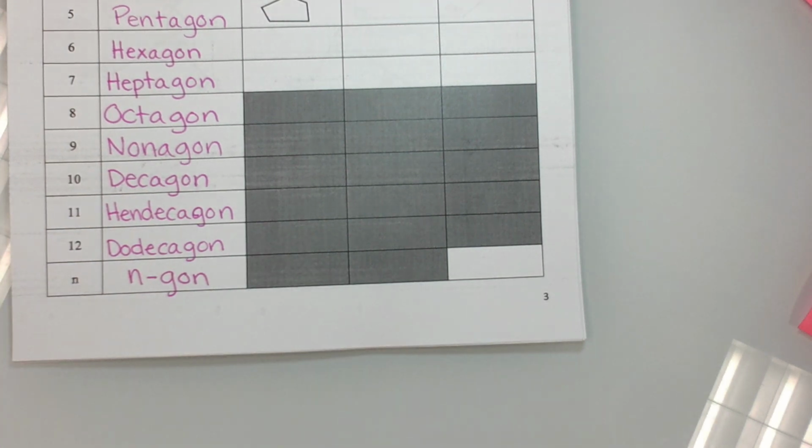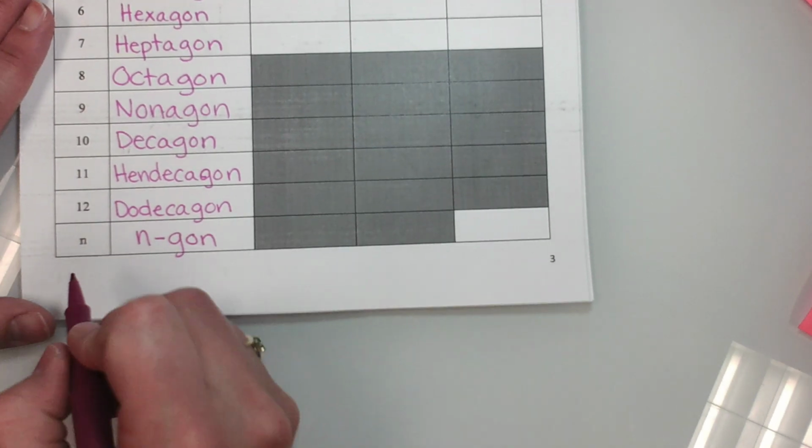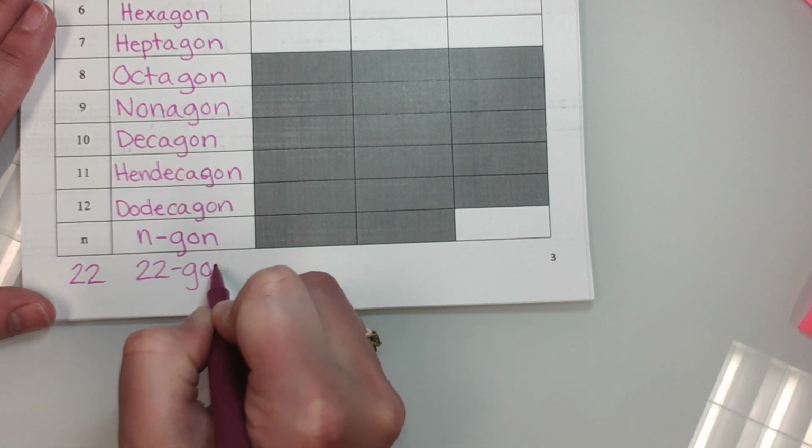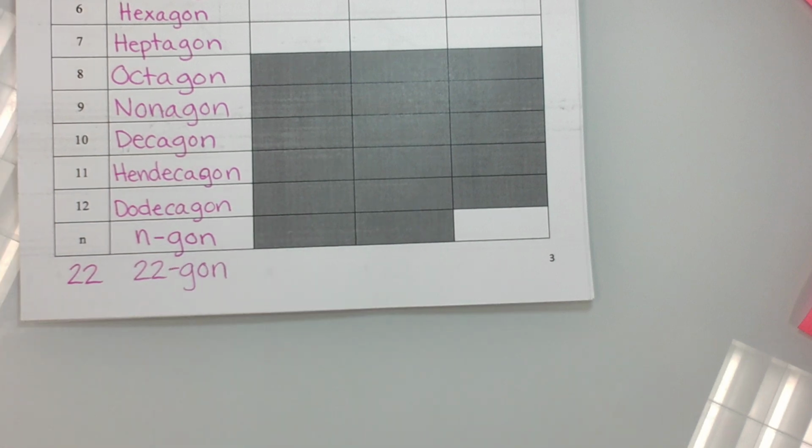For example, if it had 22 sides, it would be a 22-gon. If it has more than 12 sides, it is just named by the number of sides dash gon. It is weird, but it's fairly simple.